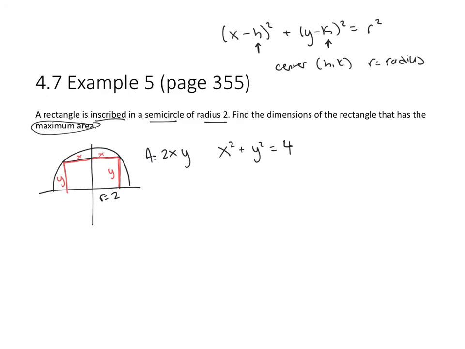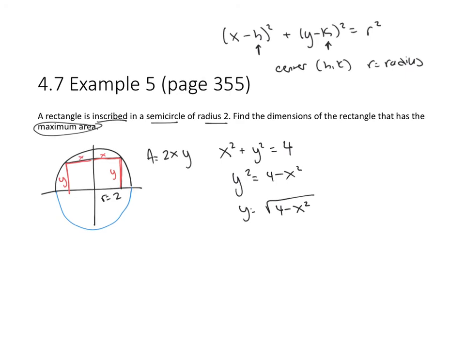So that's where I'm getting the second equation. We're going to solve it for y, so we can substitute into our original. So y squared is 4 minus x squared, or y equals the square root of 4 minus x squared. I'm not worrying about the negative square root because I'm only looking at a semicircle, so I don't need to worry about the negative part of the circle down here, because the circle doesn't extend that far, it's just a semicircle.